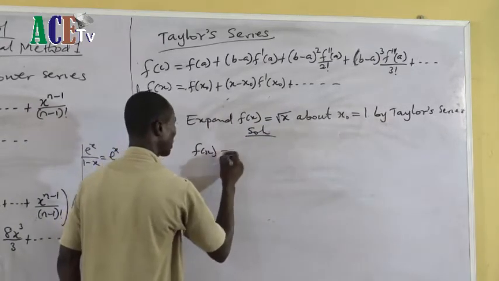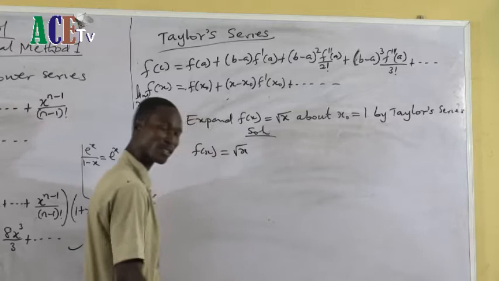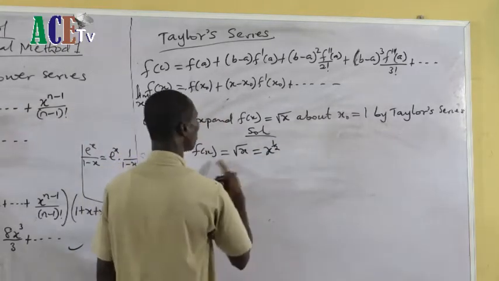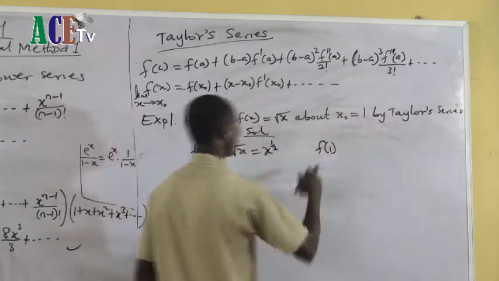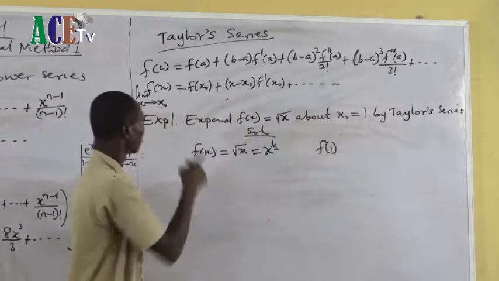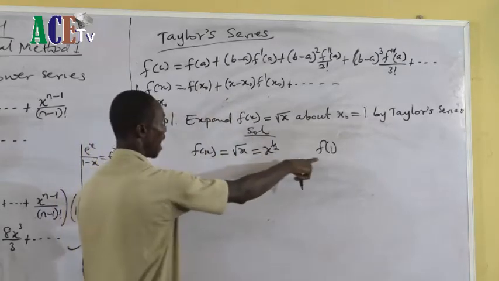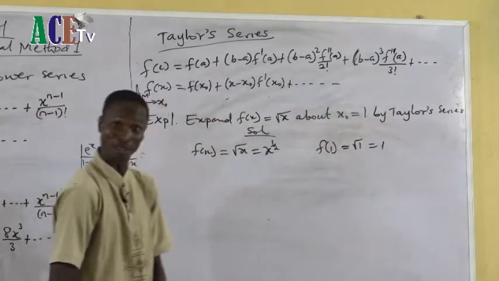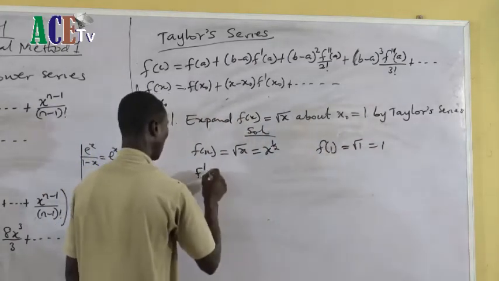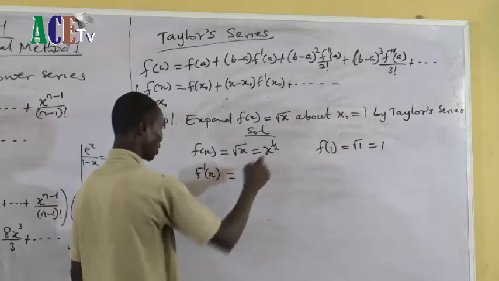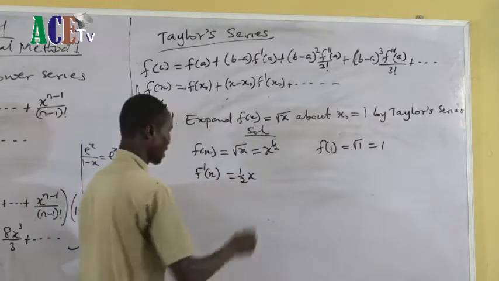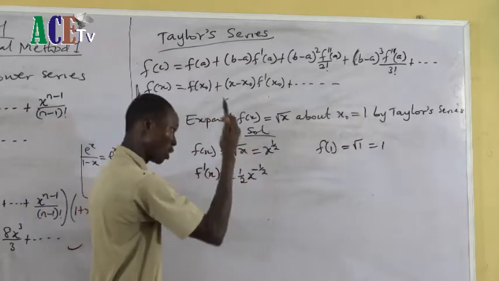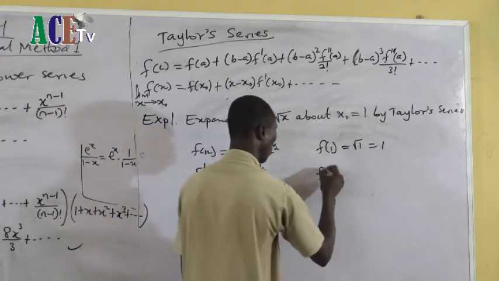Then from that area, what we need to do: our f of x is equal to square root of x, which is the same thing as x raised to the power 1 over 2. What is f of x naught? My x naught is 1. What is my f of 1? The square root of 1, which is 1. Then I will differentiate once to give me 1 over 2 x raised to the power minus 1 over 2. You have done that in 101.